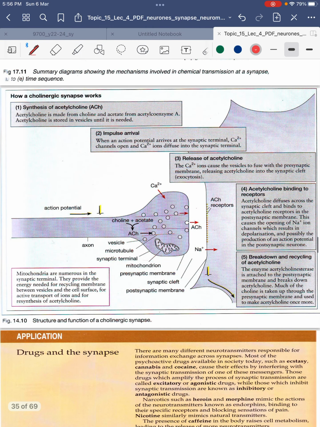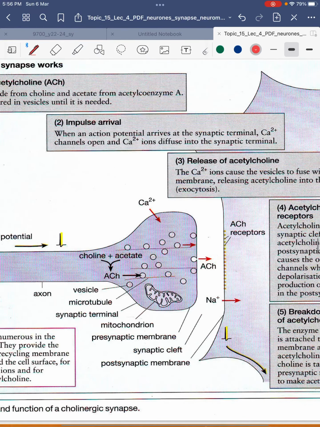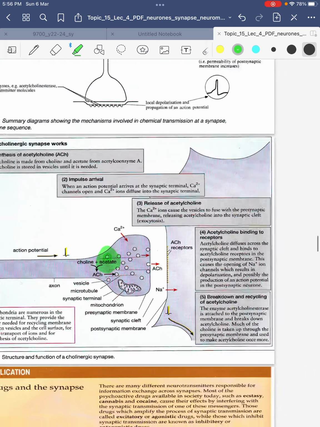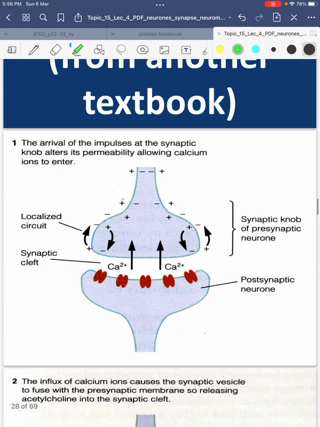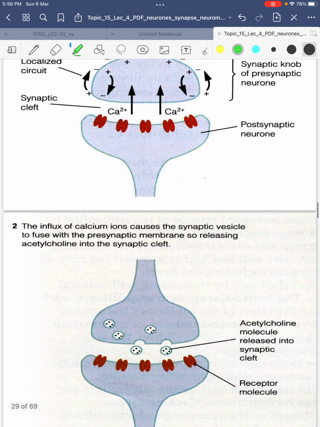This is again taken from a different textbook, so you can see there are other names of the acetal. It's also known as acetate. In this textbook, it's also known as ethanoic acid.